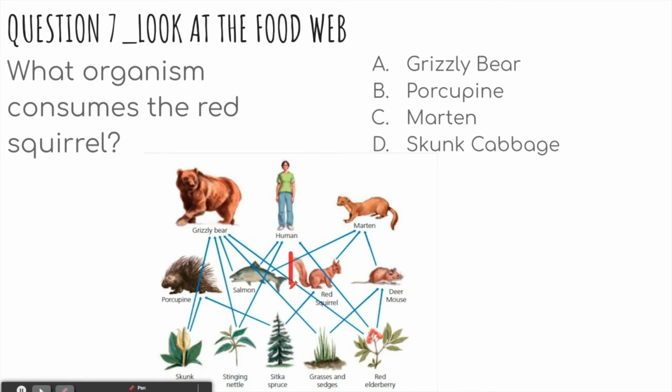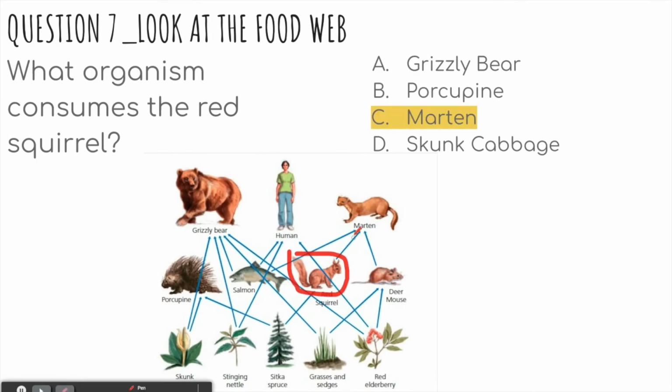The red squirrel is right here. When we find the red squirrel, we want to see what arrows are pointing to the red squirrel that show who is eating it. I only see one arrow pointing from the red squirrel. Once you find the arrow, share your thinking on Edpuzzle.